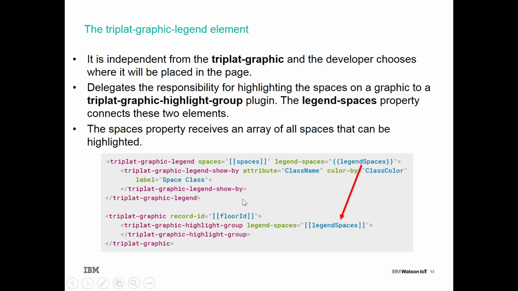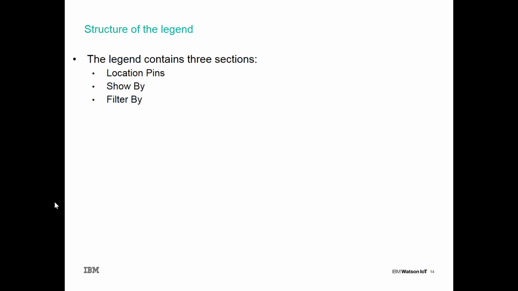And the attribute that connects these two elements is the legend spaces. The legend spaces are computed by the legend and set out in this property. And the legend spaces are sent to the highlight group that receives the spaces and highlights the spaces selected by the user in the legend.